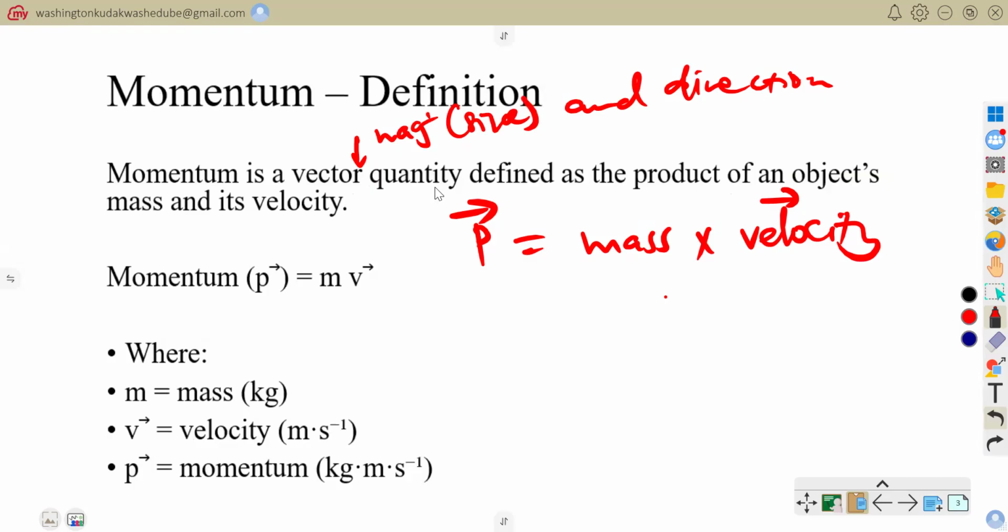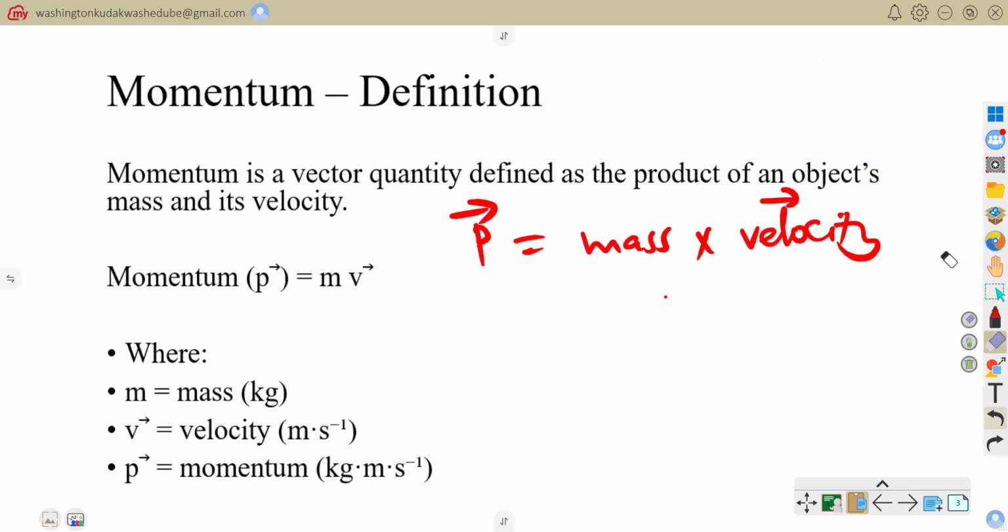So you need to master this definition, where we are saying that momentum is a vector quantity defined by the product of the object's mass and its velocity. Momentum is represented by the letter P, where momentum is given by mass times velocity.